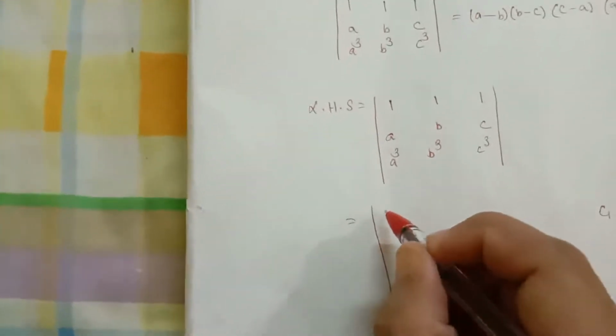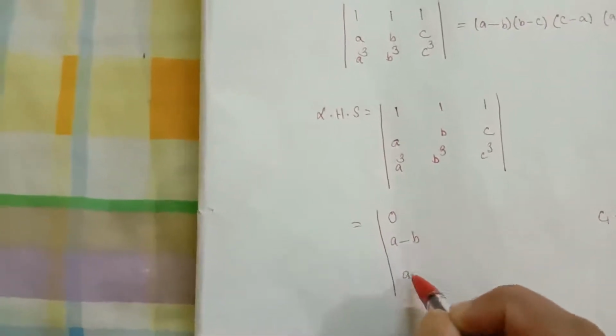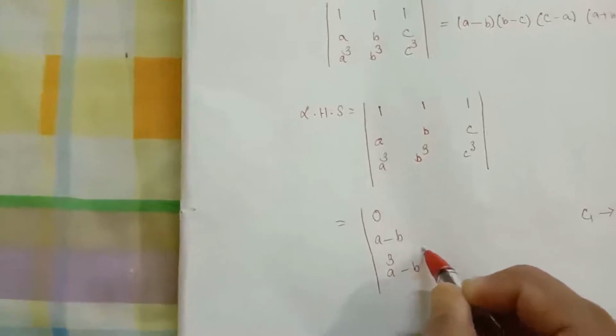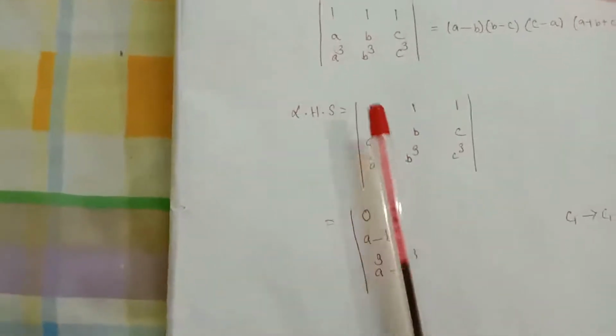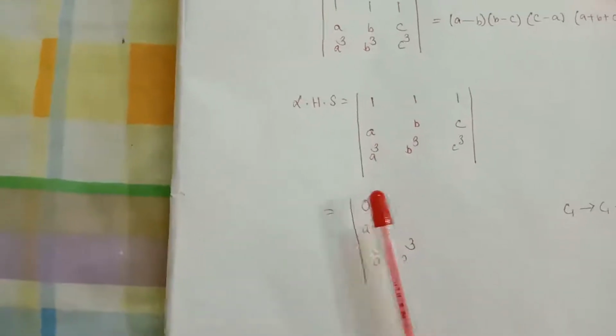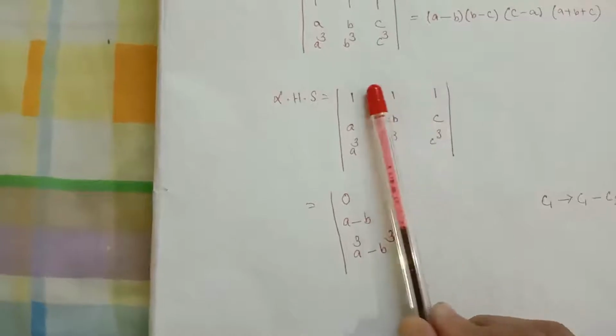So our new C1 will be 0, A minus B, A cube minus B cube. Now you see our C1 is changed to this. This is our new C1. C2 and C3 are unchanged.